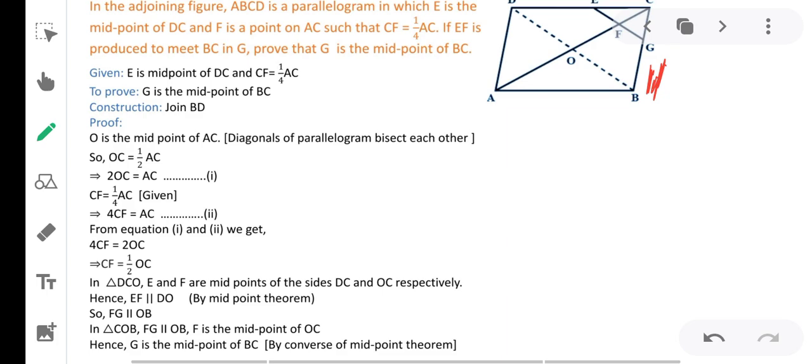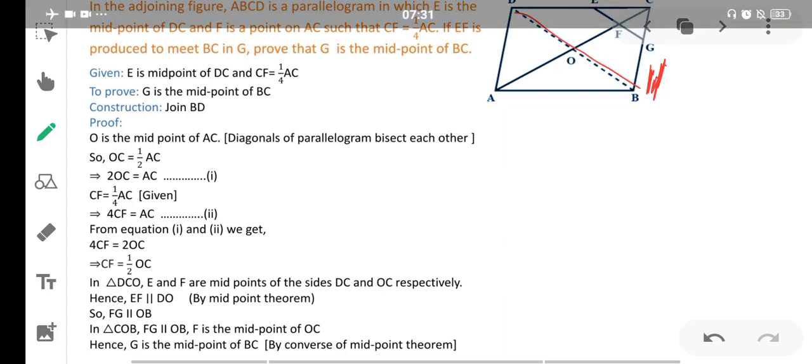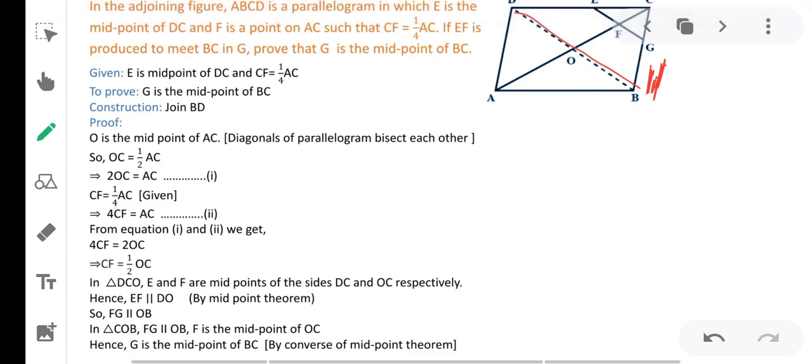Okay, so here is the construction. Join BD first. Now O is the midpoint of AC, because diagonals of a parallelogram bisect each other. So O is the midpoint of AC and O is also the midpoint of BD.